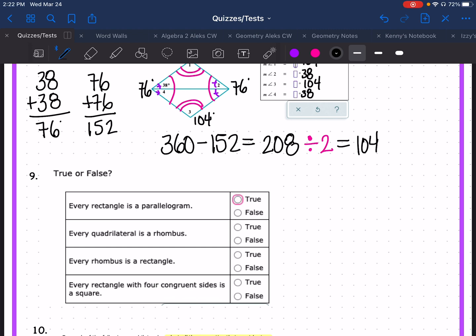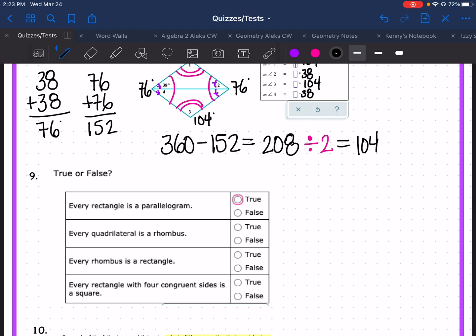Normally when we say every blank is a blank, it's probably not true, okay? So just be careful. There are some instances where it is true, like a square is a rectangle and a square is a rhombus. So I can say every square is a rectangle, or every square is a rhombus. But I cannot say every rectangle or every parallelogram is a rectangle. I can't say something like this.